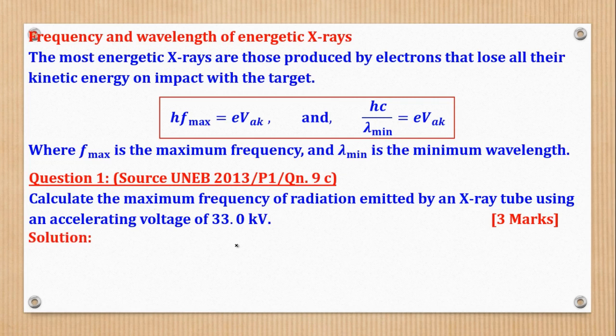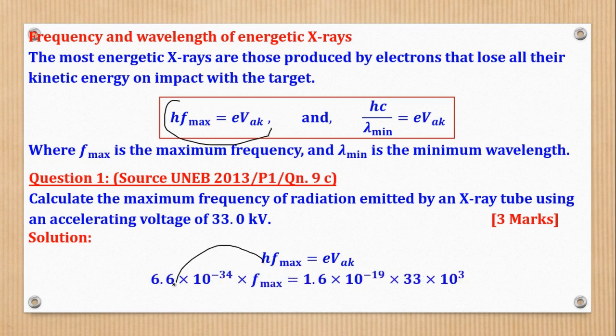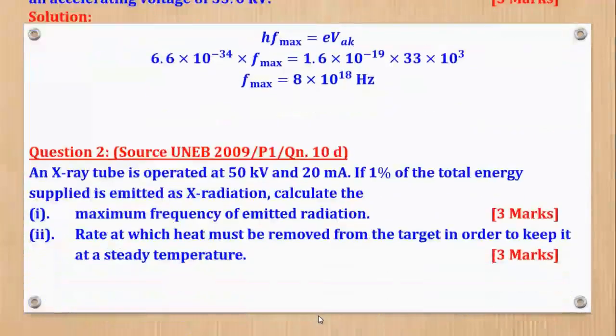Here we just quote the formula which you already know. They want frequency, so we shall use this. Then substitute. Planck's constant is a constant, given in the table of constants in your examination paper. This is the electronic charge, also a constant, and this V_AK is what was given here, converted to volt. So f_max is the only unknown, so I need to make it the subject, and that will be the answer they wanted. As simple as that.